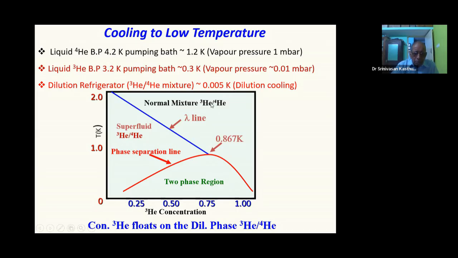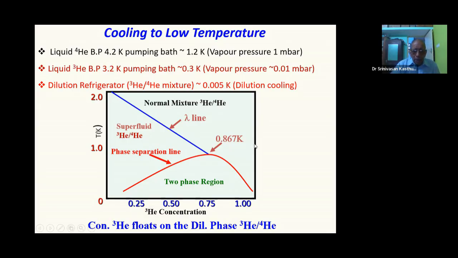The normal mixture of helium-3 and helium-4 is shown here, the blue curve, at the higher temperatures. And the superfluid of helium-3, helium-4 is on the left-hand side, below this blue curve, where the helium-3 concentration is less than about 75%.